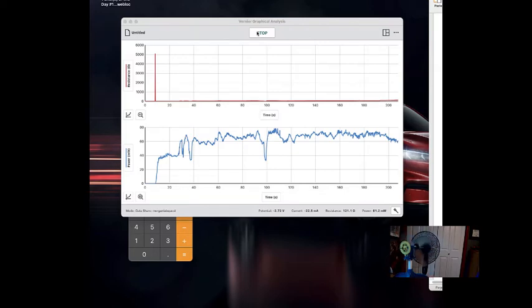It isn't moving very responsively. There we go. 178 is 52.